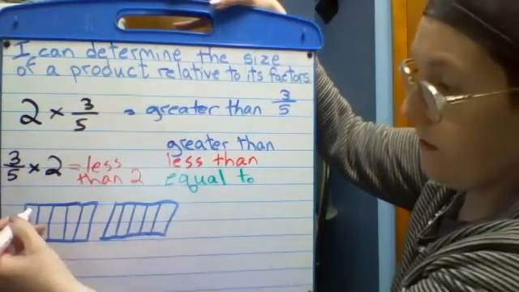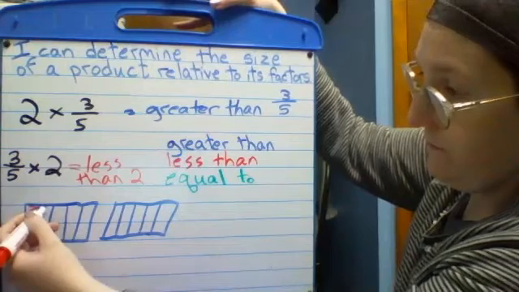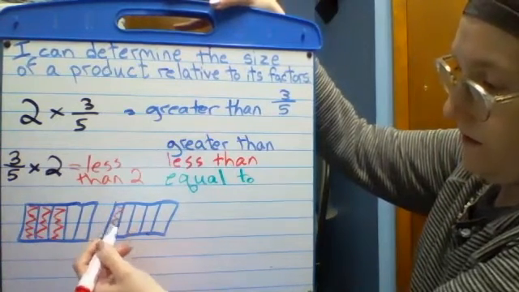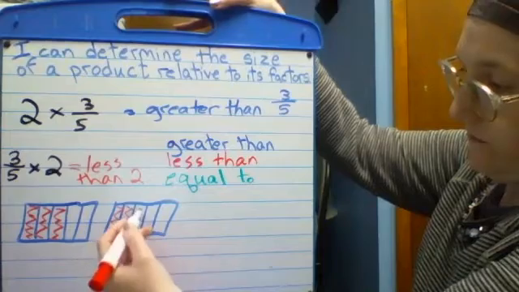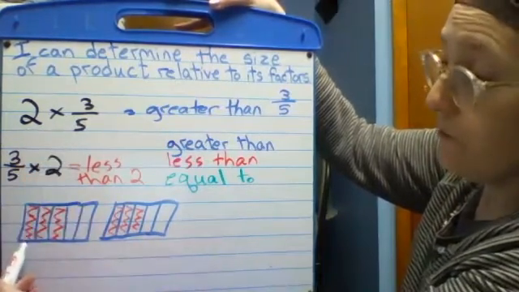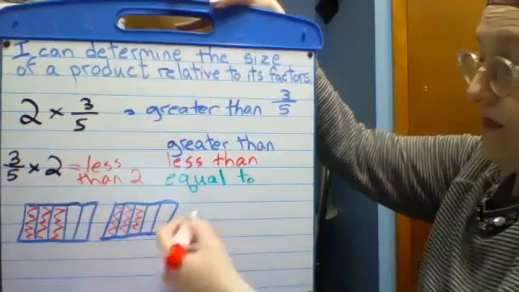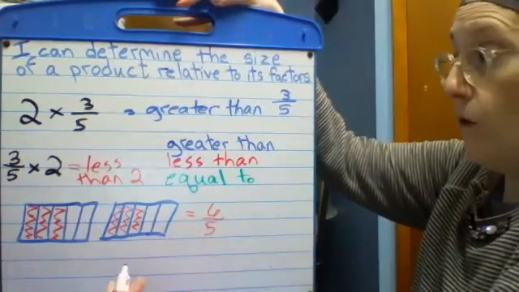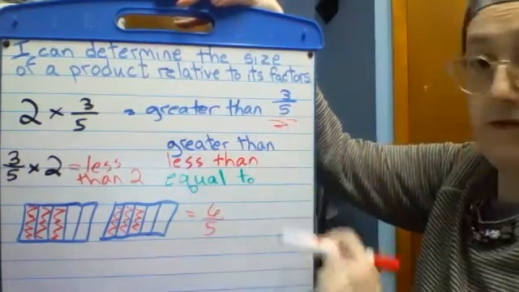And I want 3/5. That's 3/5. And here are 3/5. So if I wanted 2 times 3/5, 2 groups of 3/5, that's going to equal 6/5. That's definitely more than 3/5.